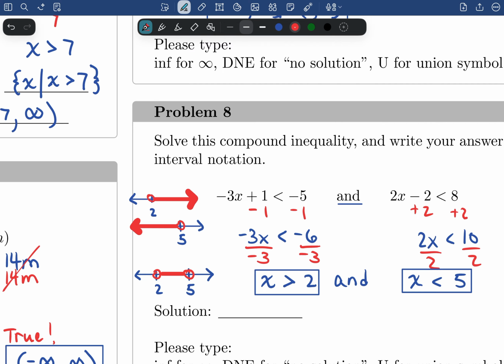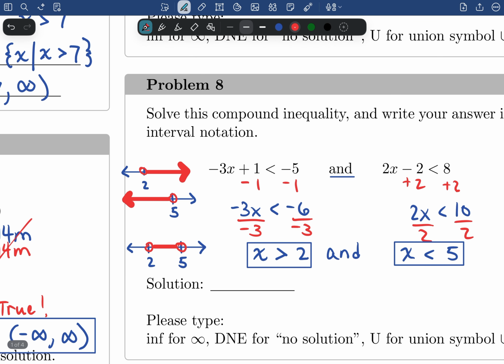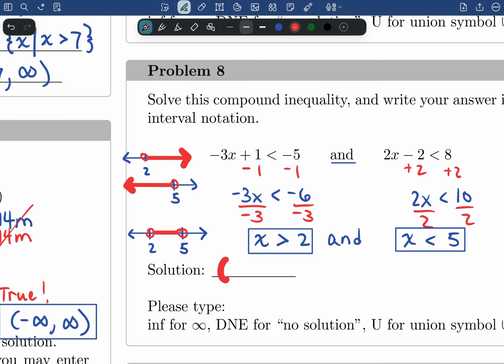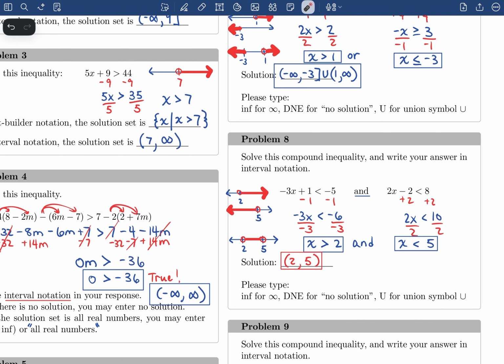This is the only region that shares solutions stacked on top of each other. That's what you do when you have the word and. So my solution begins at 2 and ends at 5, like that. This is my solution. And I put parentheses because I have open dots, right? Open dots. There we go.